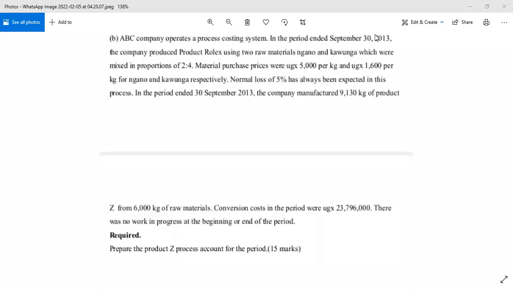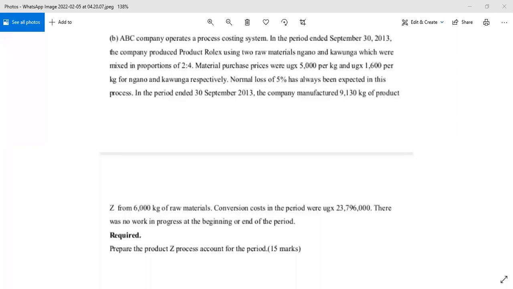Then they're saying conversion costs were 23,796,000. And they're saying there was no work in progress at the beginning or at the end of the period. So we don't have work in progress here. So that was the question.